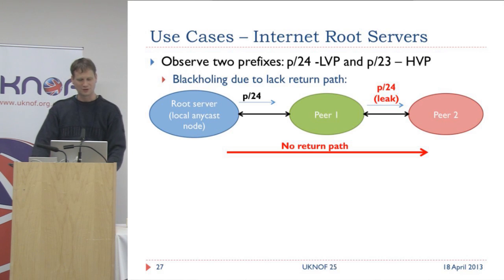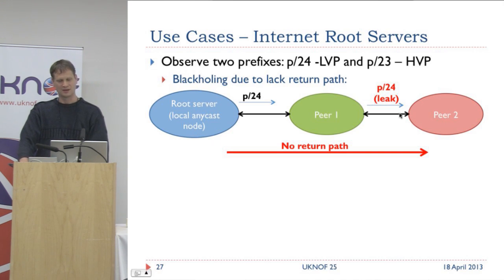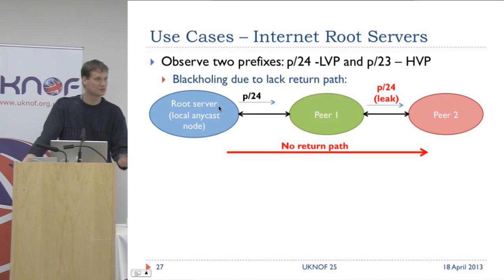If they don't have a full feed, you don't have a return path if the prefix leaks on. They receive all the prefixes from the peer, but if the peer accidentally leaks the prefix, then the second peer might send traffic towards the root server. It reaches the root server, which is good, but the root server then doesn't have a path back towards that address space.